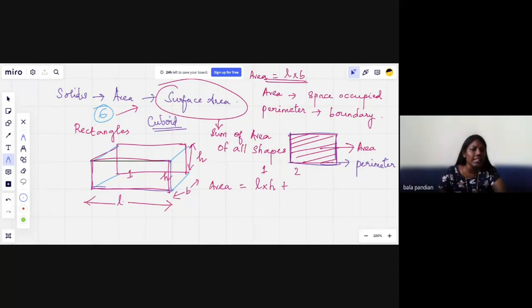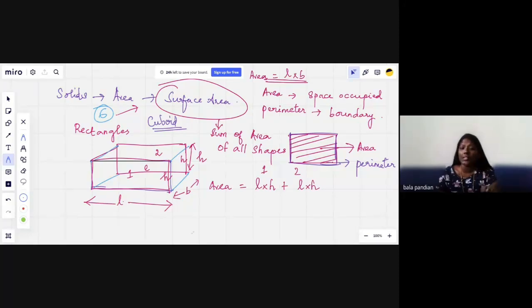I'm taking the rectangle which is exactly at the opposite side, at the back side of the first rectangle. Even that rectangle has length and height. So, the area will be length into height.